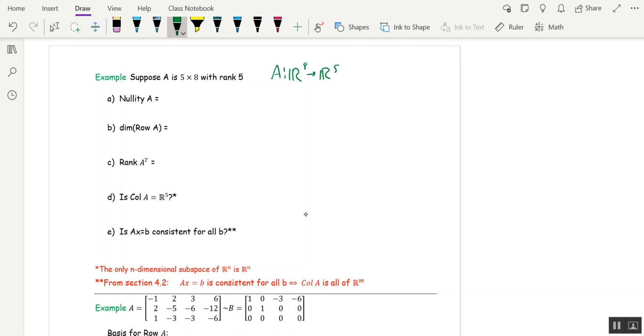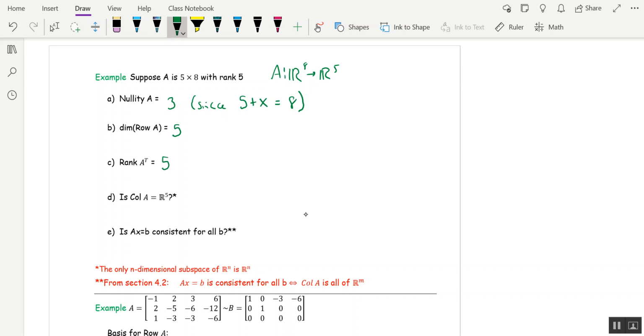So the nullity of A is 3, and that's because the rank, which is 5, plus the nullity, which I'll call x, has to be 8, which is the number of variables in AX equals 0. So what number would work? 3. Dimension of row A is the same as dimension of col A, which is the rank. So that's 5. The rank of A transpose is the rank of A, which is 5.